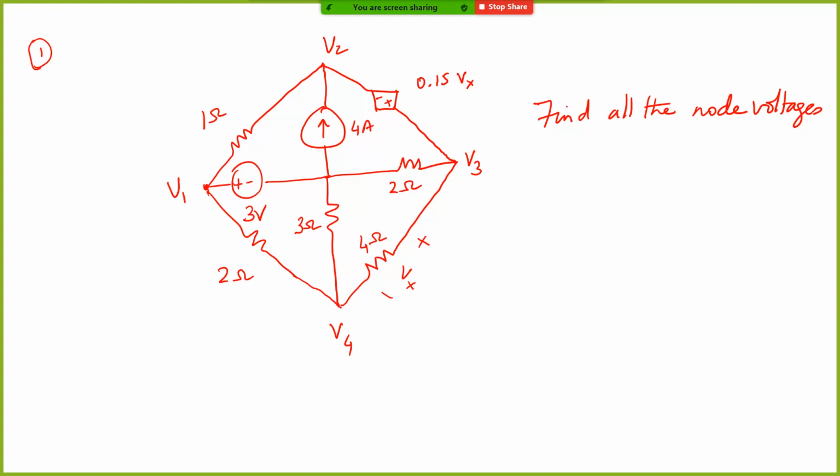Sir, do we have to assume that the center node is having zero potential? Yes, usually that's what we do. This circuit is looking a little different, probably that's why you get the confusion. But that is the reference node or the common node, and yes, you can assume that to be the ground node.